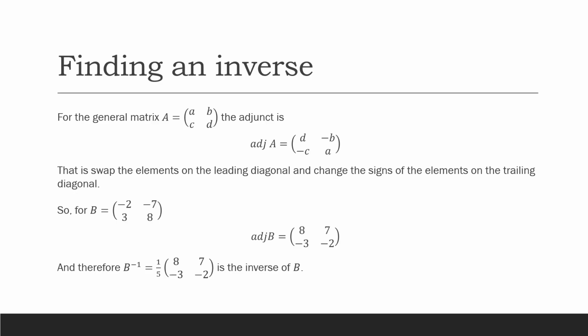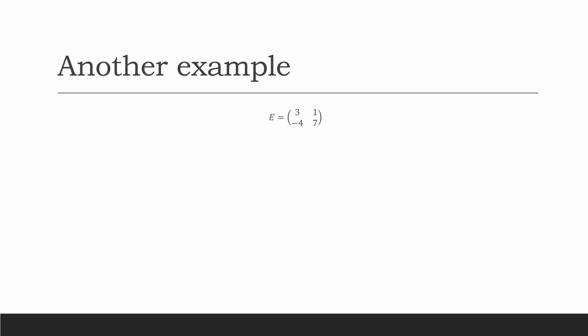That would give us 5. So the determinant of B is 5. Therefore the inverse of B is 1/5 of 8, 7, minus 3, minus 2. Now if we multiply that by our original matrix, I promise you, we would get 1, 0, 0, 1. We'd get the identity matrix. Try it if you don't believe me.